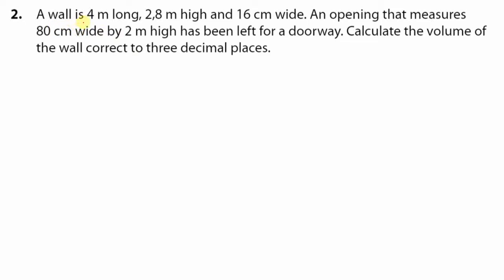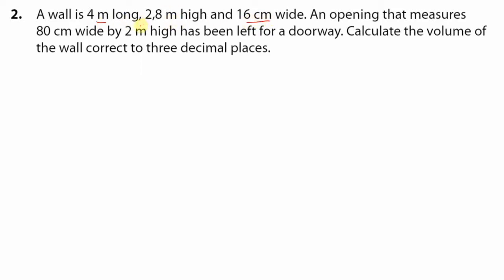Okay, so now number 2, we have a wall that is 4 meter long, 2,8 meter high, and 16 centimeter wide. Okay, so here one of the first problems that we see is we have centimeters versus meter.